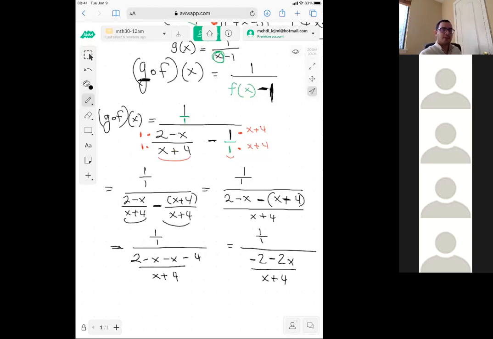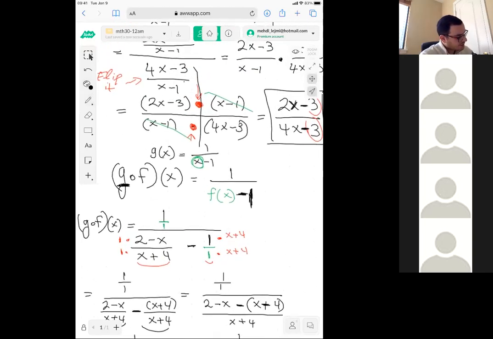Muhammad, you're saying you got minus 2x plus 6. I think you have a problem with the sign. I'm pretty sure from my computations.